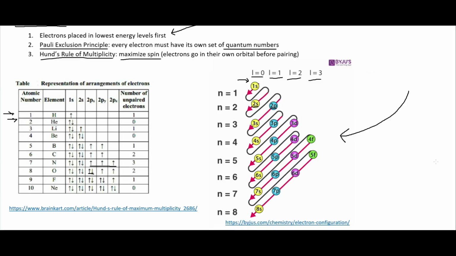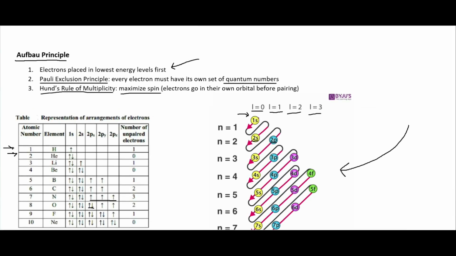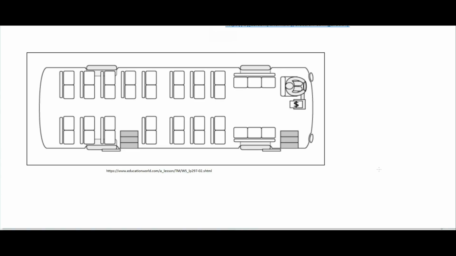And so one way that I always like to think about the Aufbau principle is as the bus seating principle. So if you've ever taken a city bus before, which I definitely have, you see a bus like this, and it's an empty bus. It stops, it picks up a passenger.